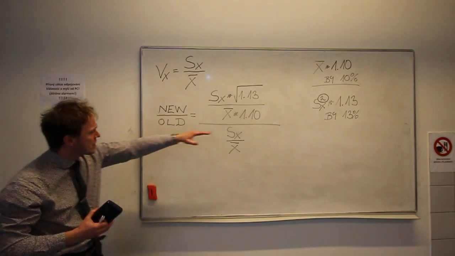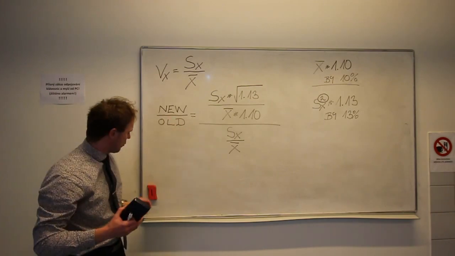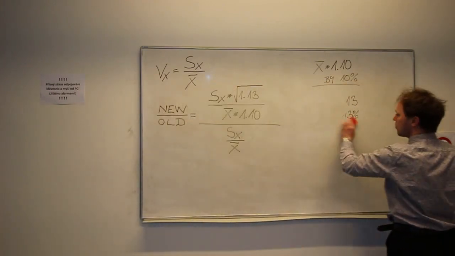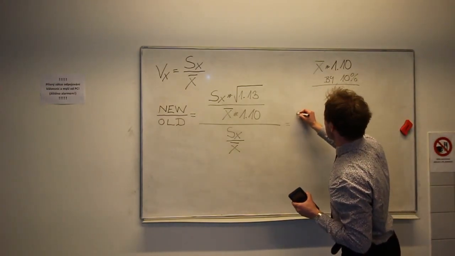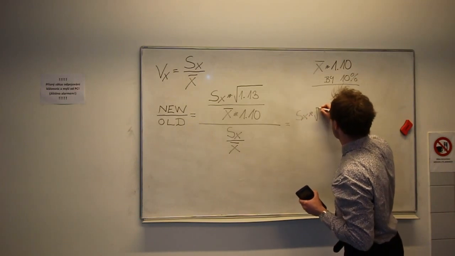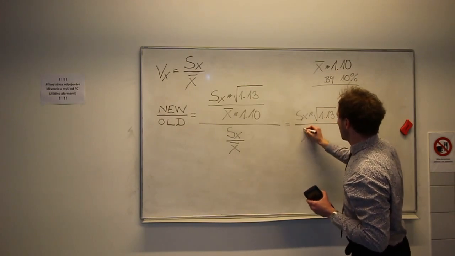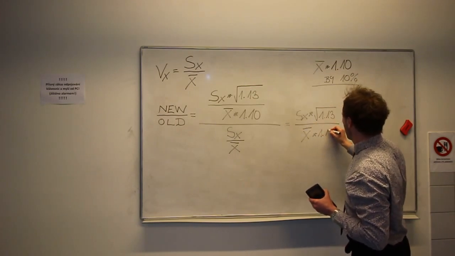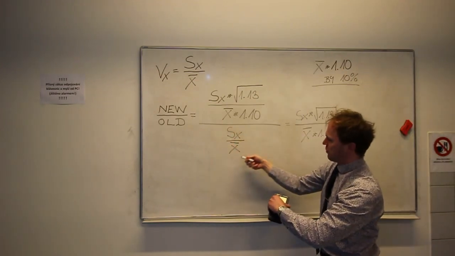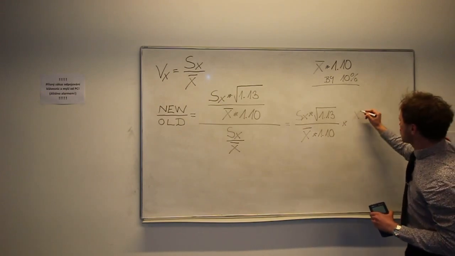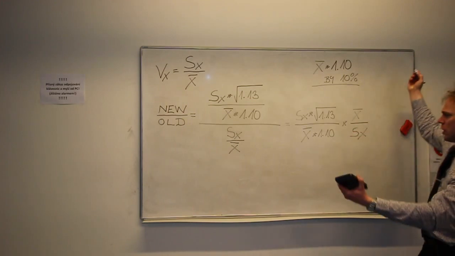Do you know what division is? Division is multiplication by reversed values. So I will write here Sx multiplied by the square root of 1.13, divided by x with stripe multiplied by 1.10, and multiplication by reversed values: x with stripe divided by standard deviation.